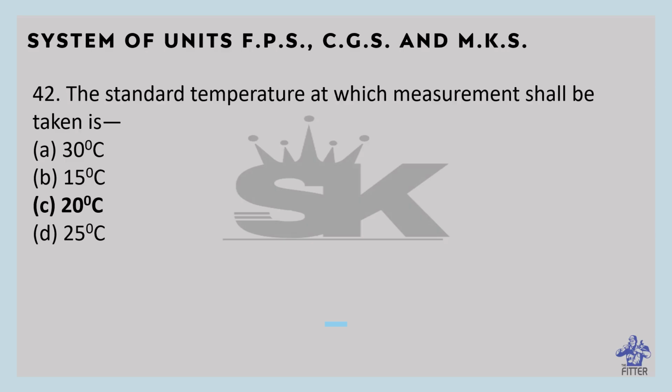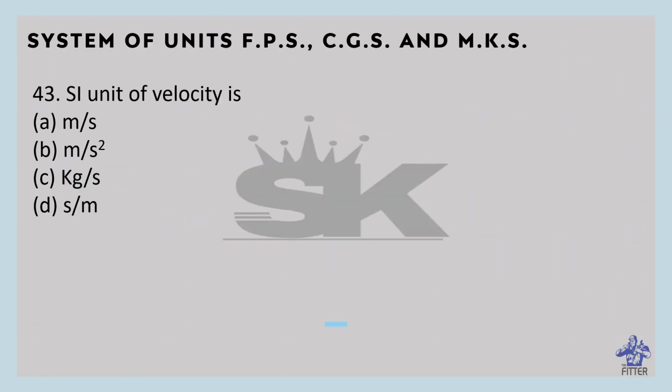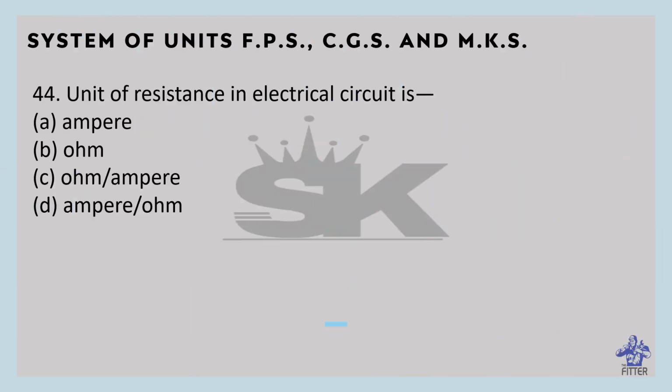The standard temperature at which measurements shall be taken is 20 degrees centigrade, or 293.15 Kelvin. Okay. SI unit of velocity is meter per second. Okay. SI unit of resistance in an electric circuit is ohm.